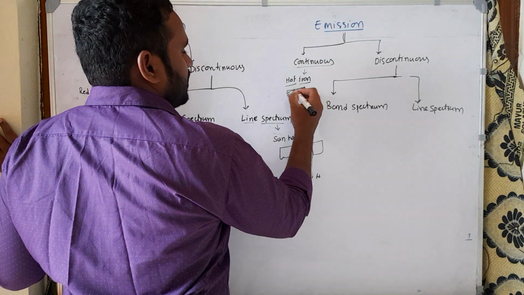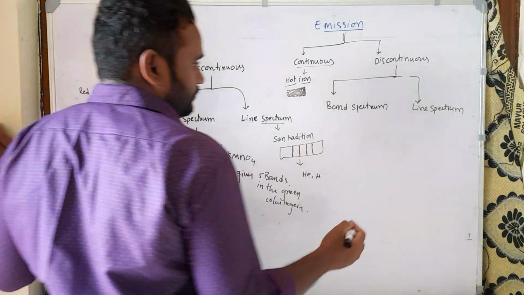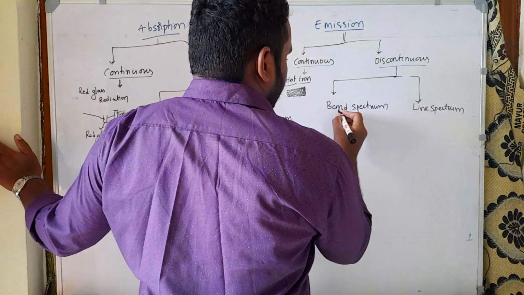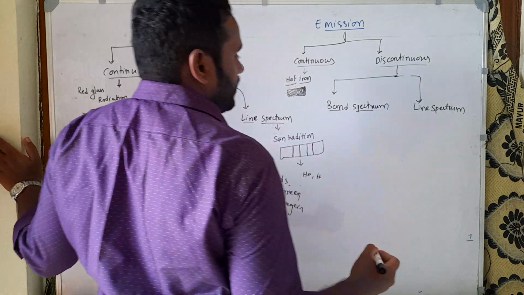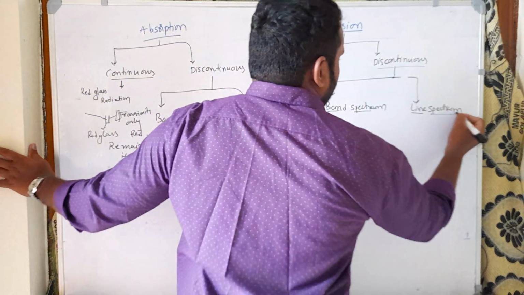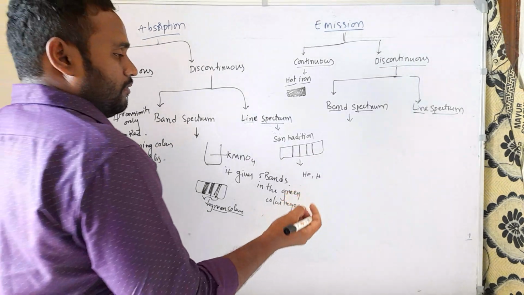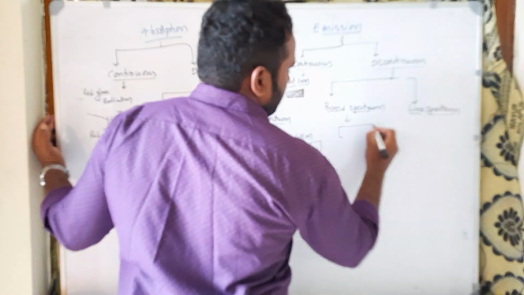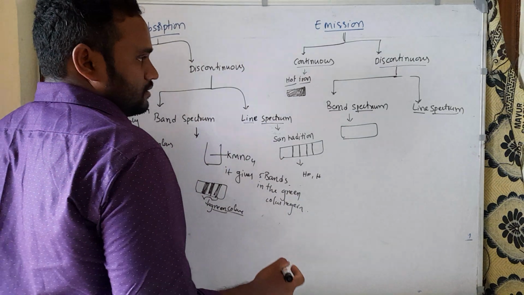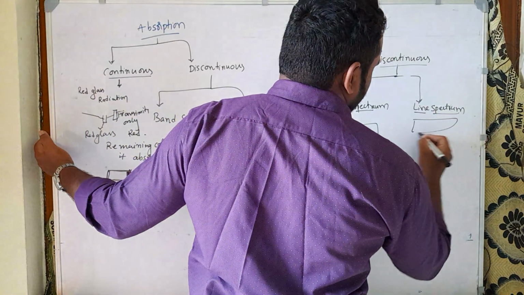Coming to the discontinuous emission spectrum, it is classified into two types: emission band spectrum and emission line spectrum. In emission band spectrum we will get bands, and in emission line spectrum we will get lines.